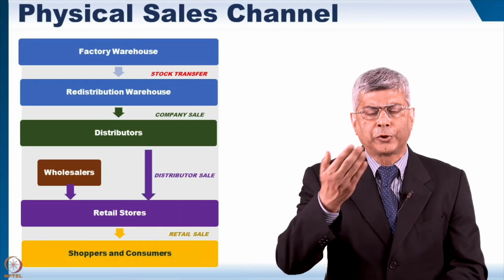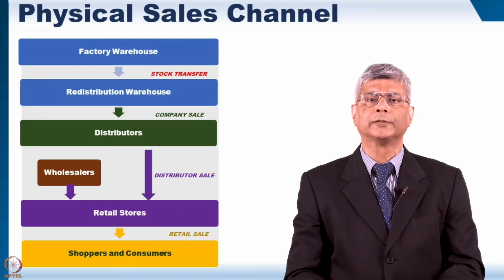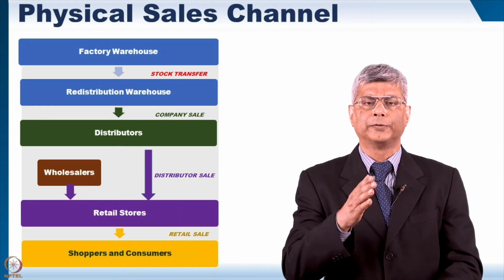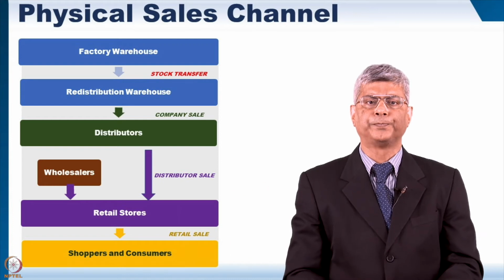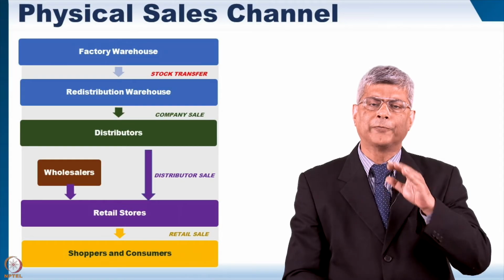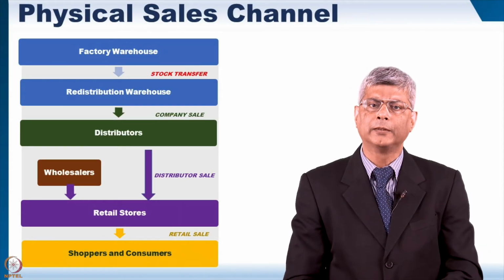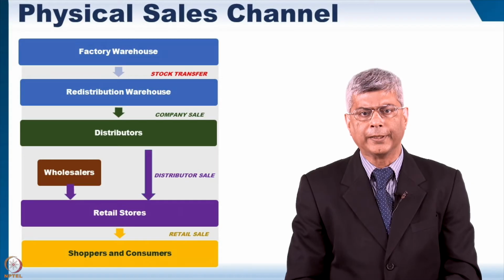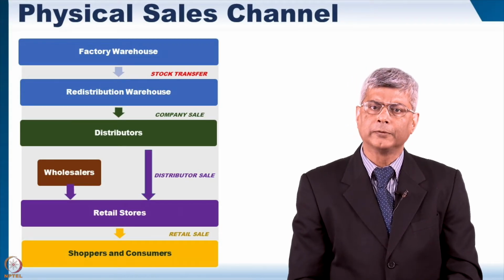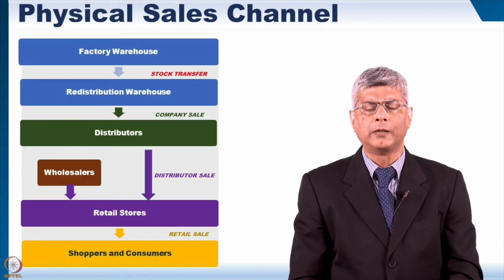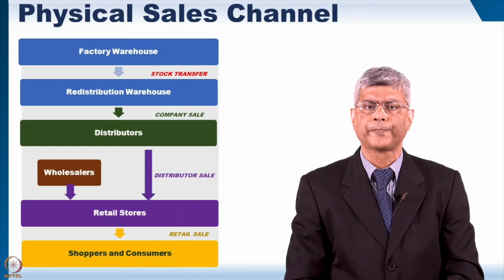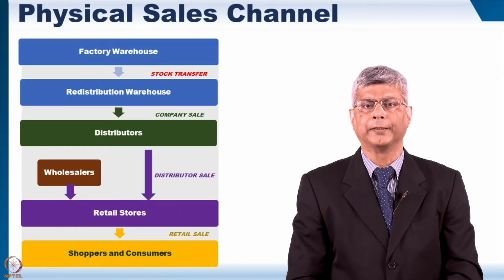So let's look at a pictorial representation of channels, and then we'll look at some pictures of the steps in a channel. As I said, the product is being made in a factory, in India or outside of India. There may be one factory in India, or there may be 10 factories, or maybe 20 factories, or 5 factories, depending on the product category.